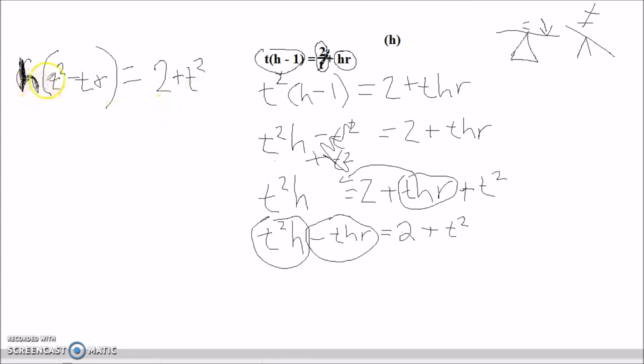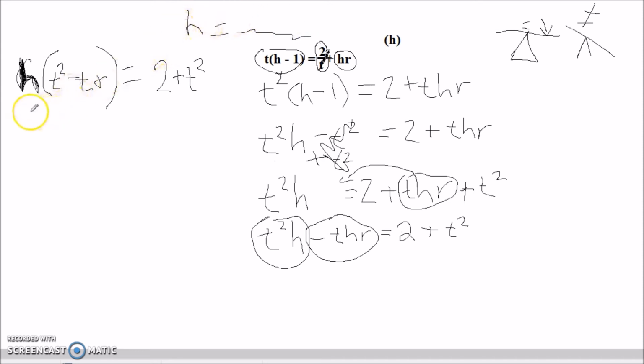Because all we need to do now is get rid of this. Because now this doesn't contain an H. If we can move it over here, we're done. Because we know that these questions are solved when you have H equals blah, blah, blah.